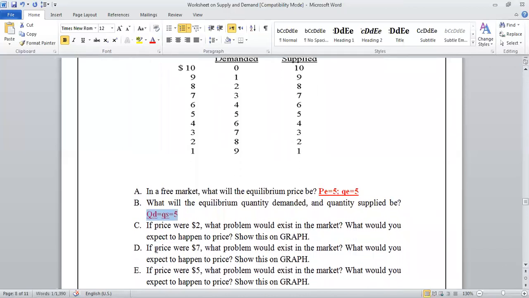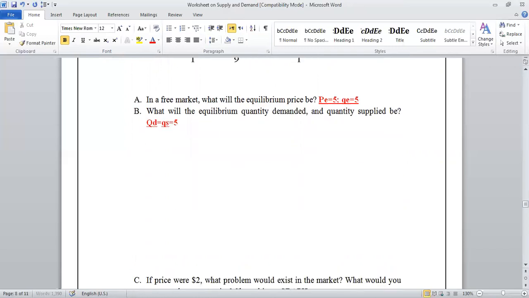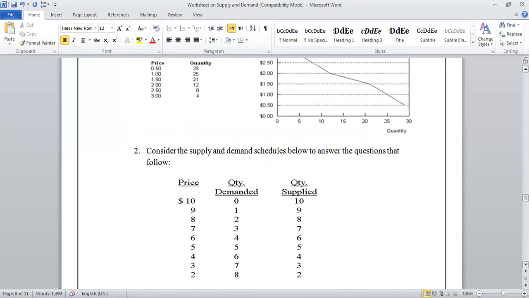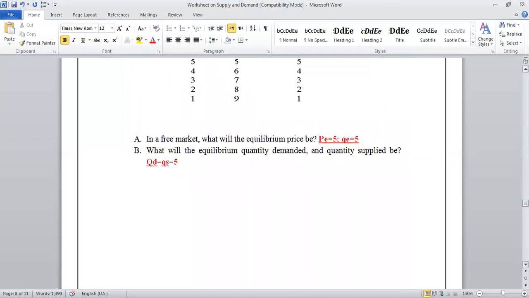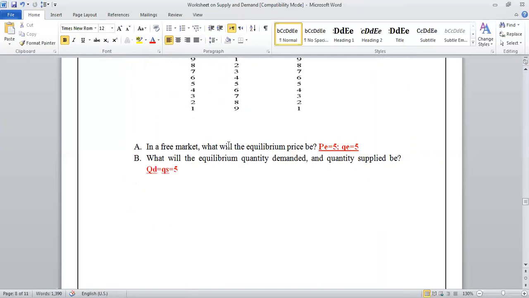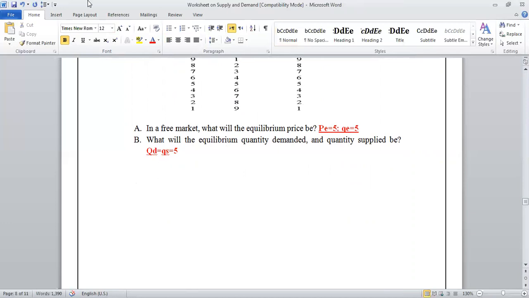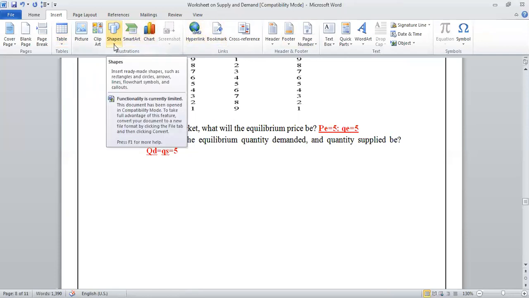Now for questions C, D, and E, we need to actually graph. Let's graph this together. I will not be able to give you the real numbers, but we'll try to do this as simply as we can. When you graph it at home, please graph it with the numbers. It will make more sense to you.